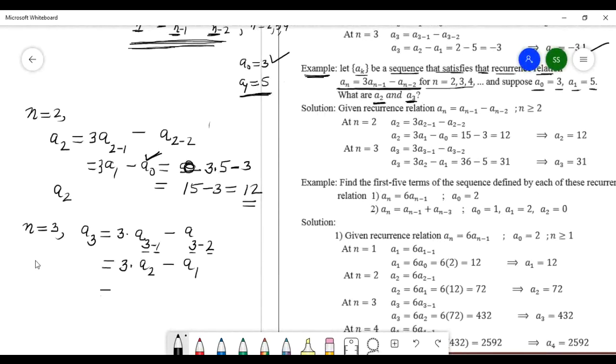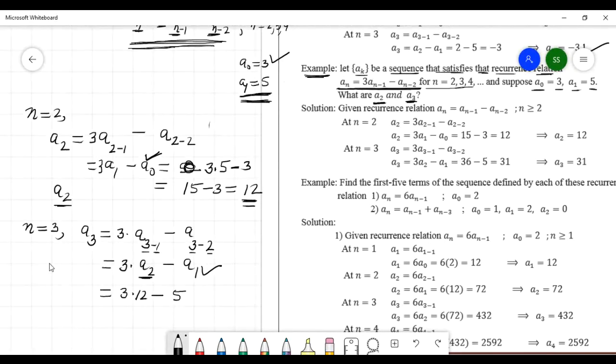This equal to 3 multiply A2. And A2 you have solved: A2 equal to 12, and minus A1. What is A1? A1 is present here in the question. A1 is 5. Right?